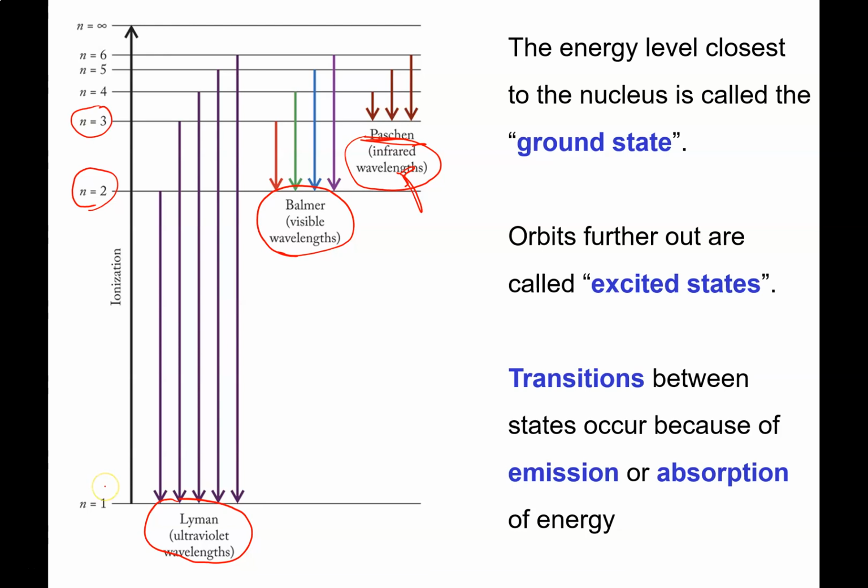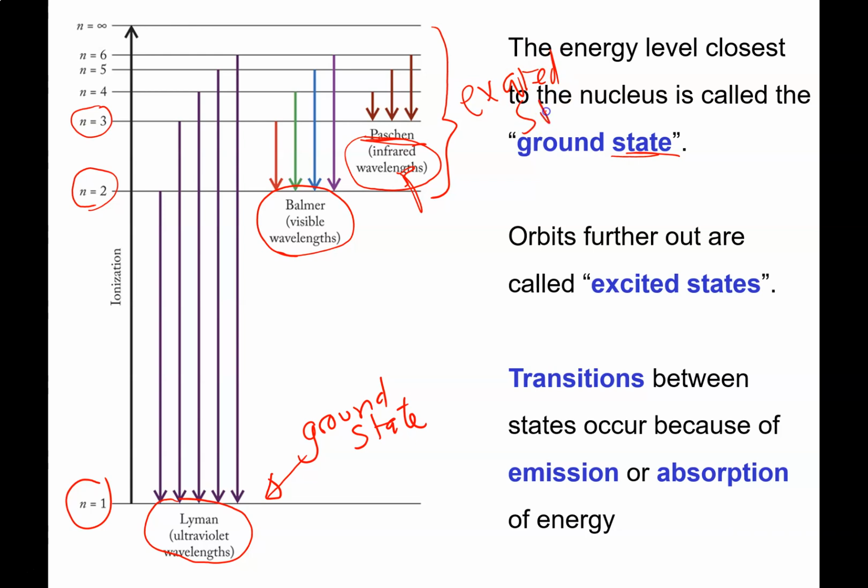Bohr introduced a naming protocol for these different levels. These are sometimes referred to as energy levels. So we'll talk about the n equals 1 energy level, the n equals 2 energy level, or the n equals 3 energy level. And sometimes we'll talk about them as being different states, because remember the language that was originally used was stationary states. The n equals 1 level, the lowest level, is referred to as the ground state because you can't fall any lower than the ground, and everything that is bigger than the ground state is referred to as an excited state.